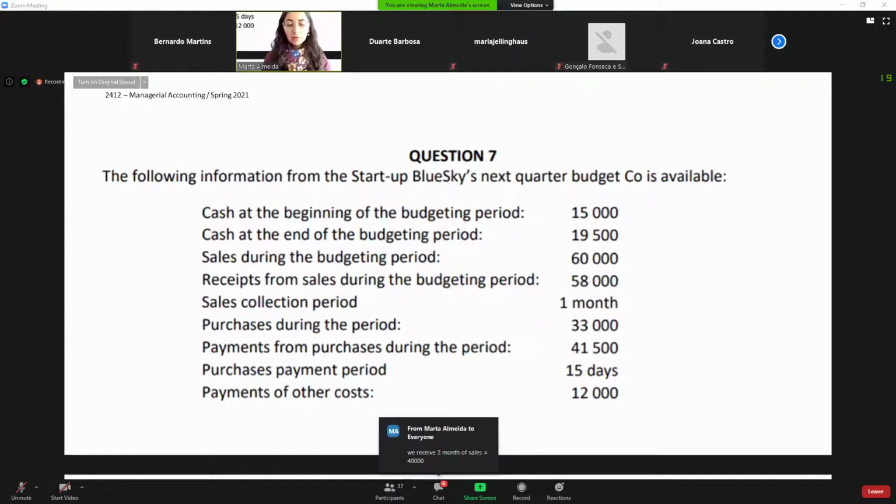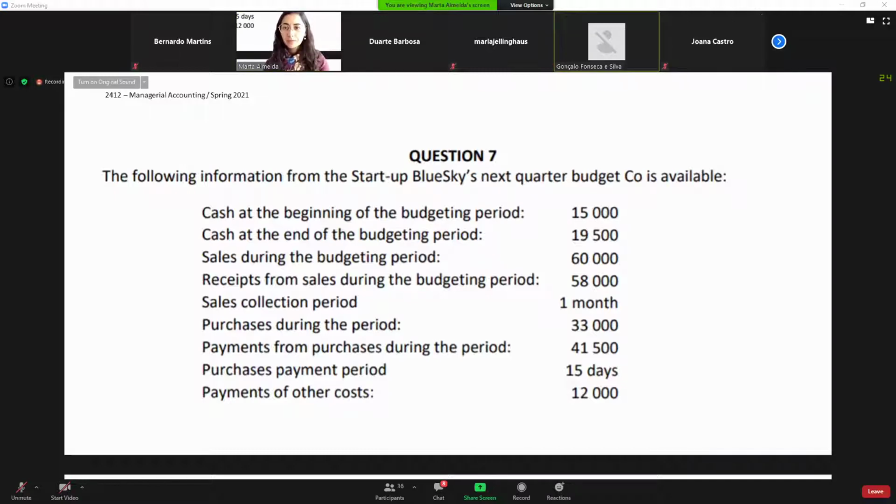We will also receive the amount of receivables at the beginning of the period. And that will be the difference between the 58,000 minus the 40,000, which is 18,000. Is everyone following? Any questions?